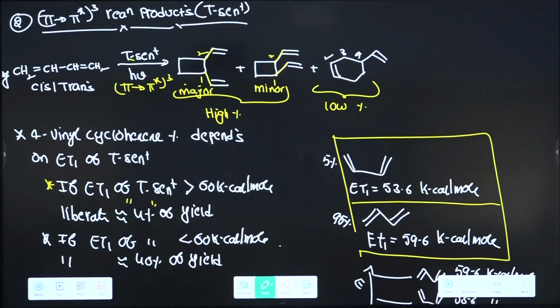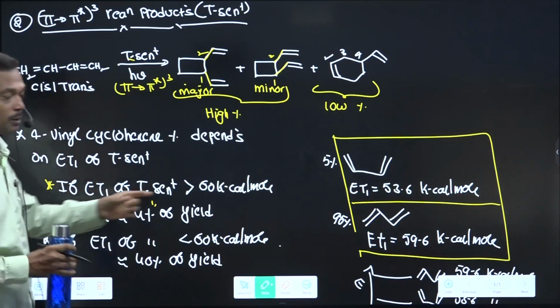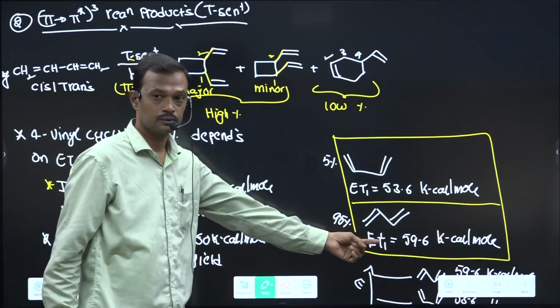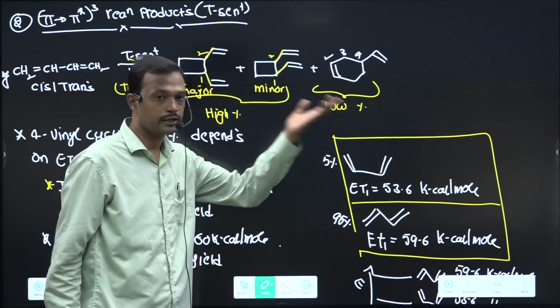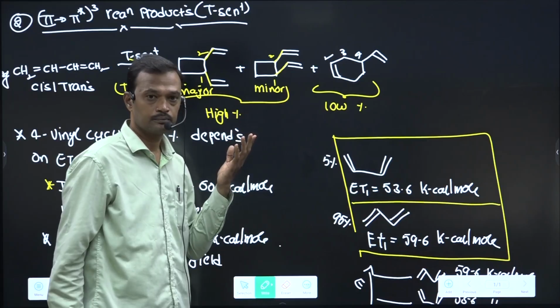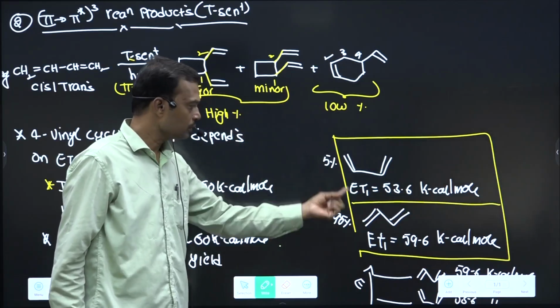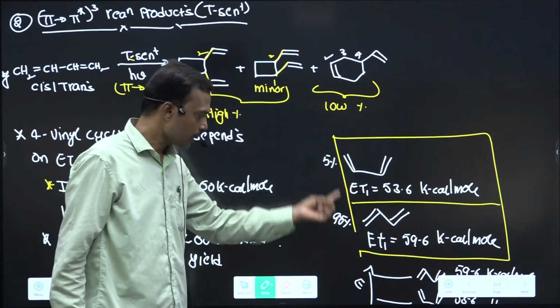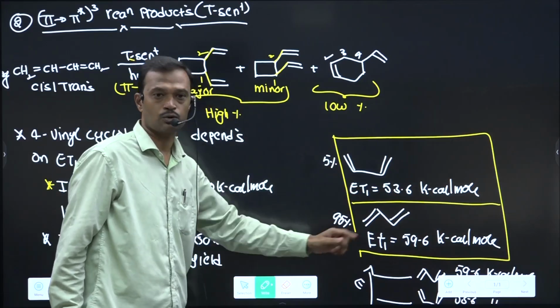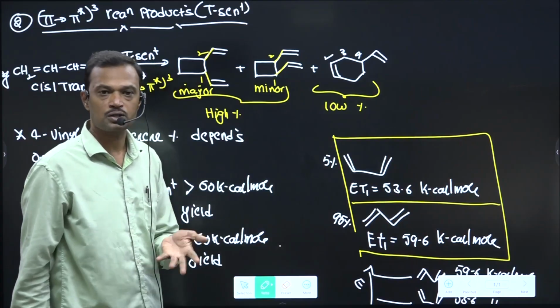Here population is very important. The 95% population is trans. When trans is activated, all the trans never activate at a time. What is the population of trans? 95. Cis? 5%. If trans is activated, trans combines with trans only, because the trans population is high.